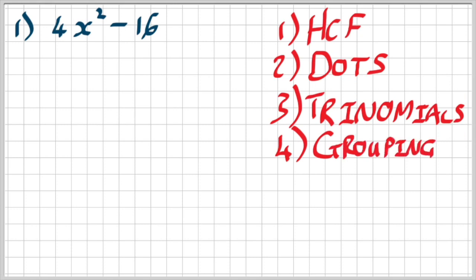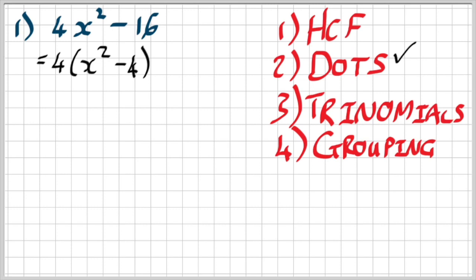Now, I'm not going to look at groupings so much because in the other videos by that wonderful teacher, Miss Natasha Barton, she does a whole lot of factorization, but I just felt like there's always a bit more factorization that's needed. So when we look at this, ladies and gentlemen, step number 1, isn't there a highest common factor? Yes, there is. I can take out a 4 common, which now leaves me with a difference of 2 squares inside the brackets.